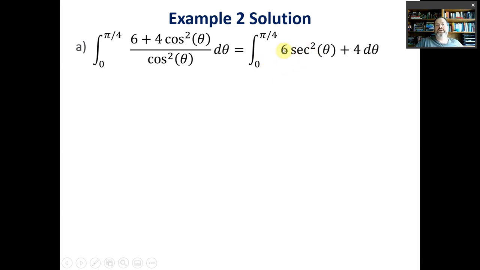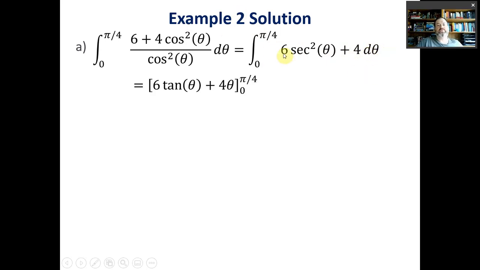So I can, just using the rules of antiderivatives, which are the same rules as derivatives, for constants and distributing, I can ignore this 6 and just do the integral from 0 to pi over 4 of secant squared theta. Plus, and again, I can ignore this 4, and I can do another integral of d theta.